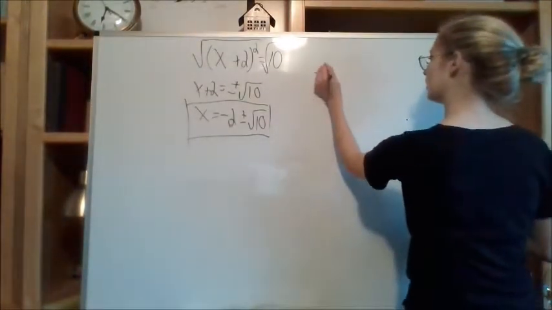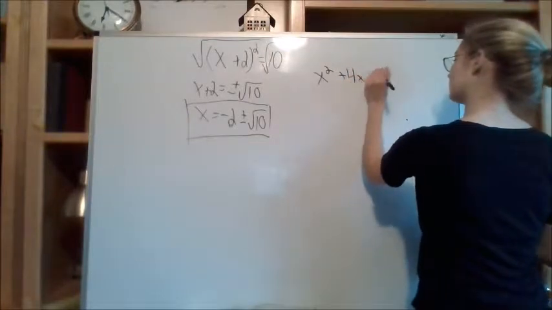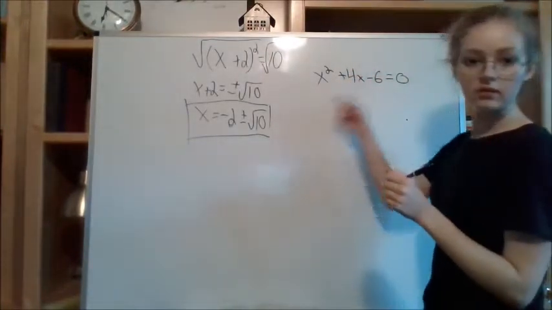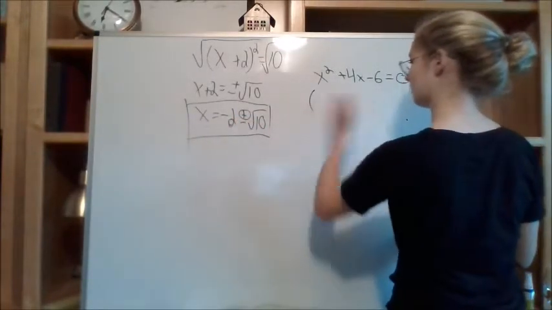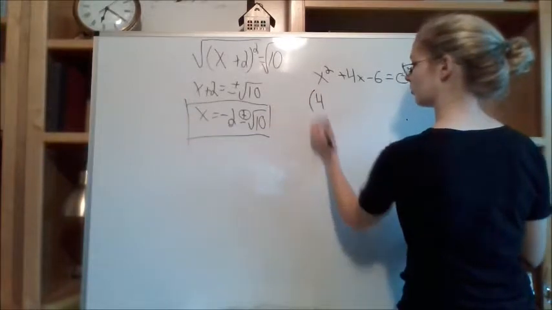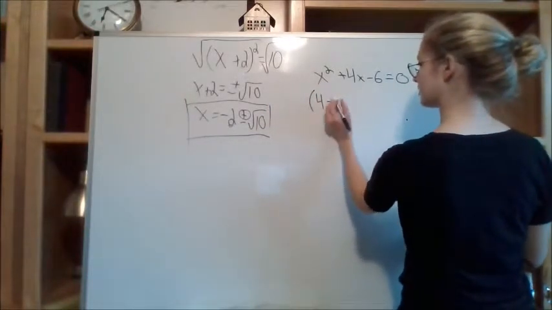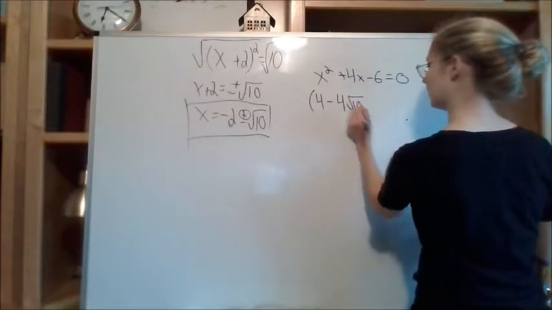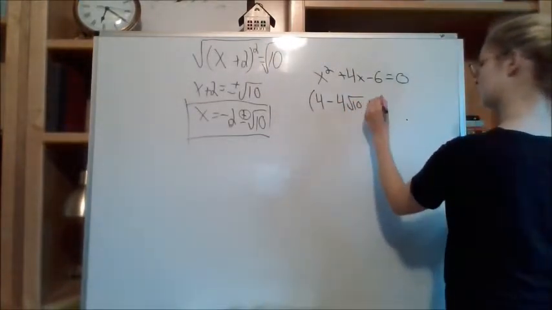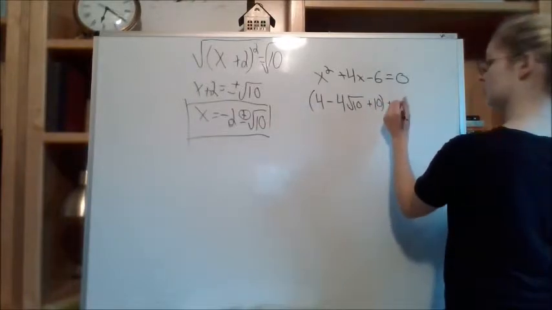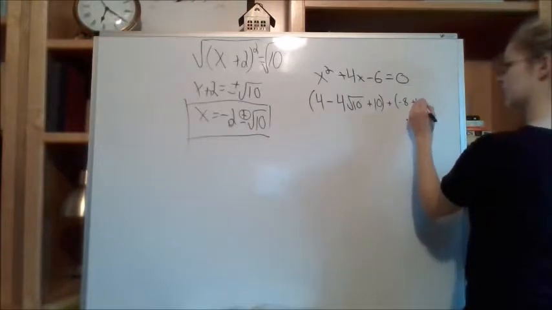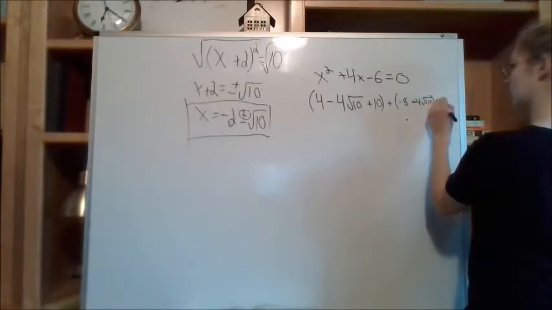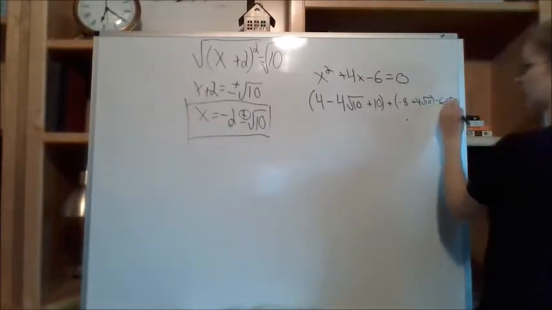And we can check this because if we plug into the original, so if we take the positive here, we get 4 minus 4 square root of 10 plus 10 plus negative 8 plus 4 square root of 10 minus 6 equals 0.